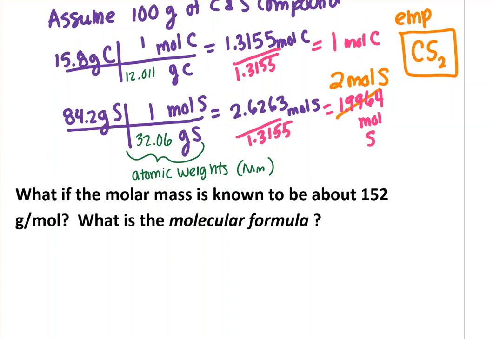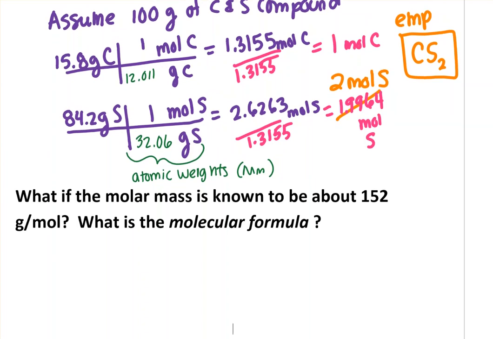Once we have the empirical formula, we can use a molar mass to get to the molecular formula, which is the true formula. And so we're given the molar mass. Remember that the molar mass goes with the molecular formula, the true.